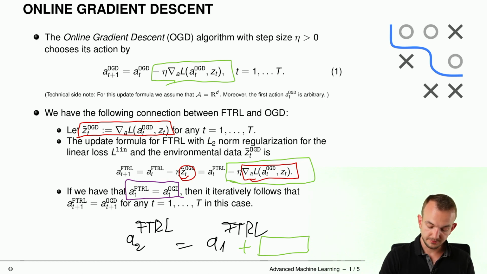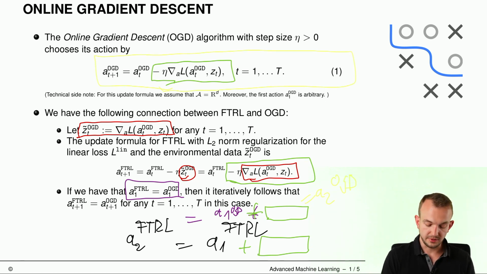If this holds, then this is A1 online gradient descent plus the green box, which is then the same as what online gradient descent would do in the second time step.